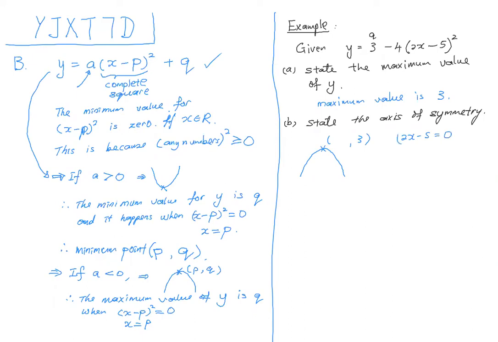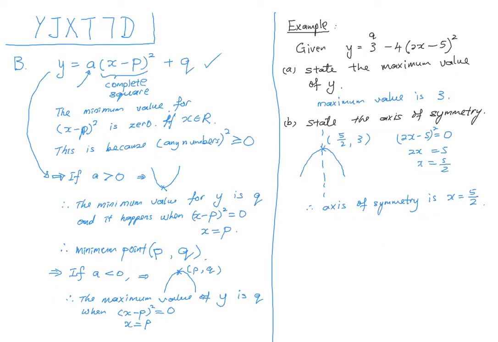Am I right? So 2x equals 5, so x equals 5/2. So this is the axis of symmetry. So therefore, the axis of symmetry is x equals 5/2. That is also the x coordinate of the turning point.